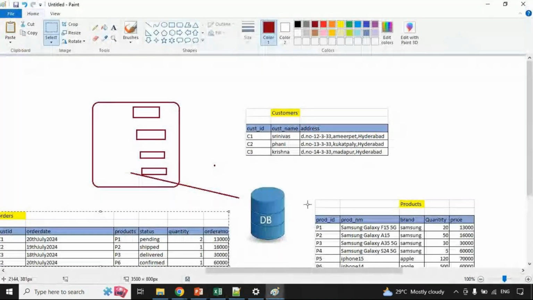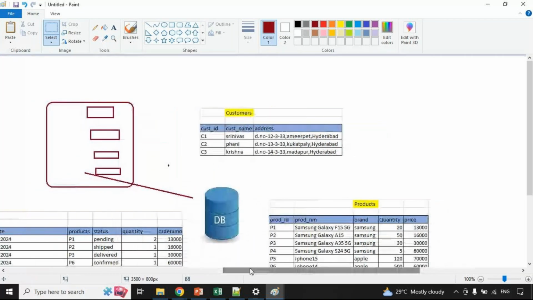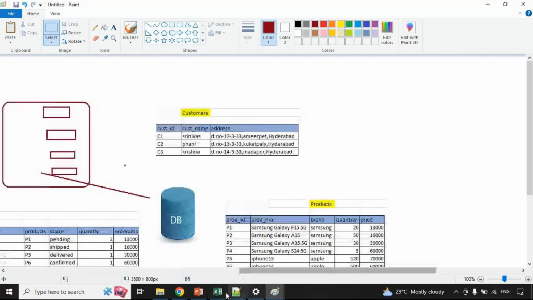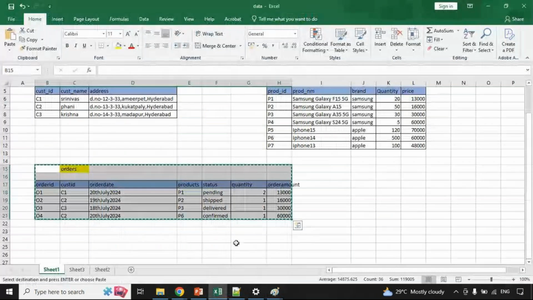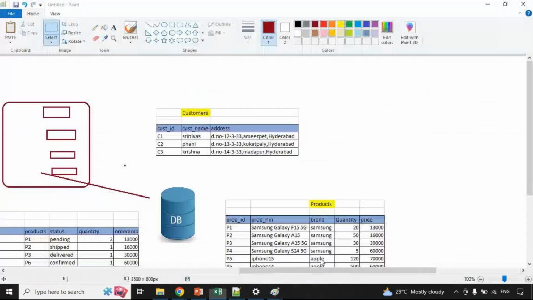In the database, everything is going to be organized. Now, as per the requirement, we can organize the data in a data warehouse, and on top of this we can generate the reports. Consider I have a database where we maintain the data in tables.